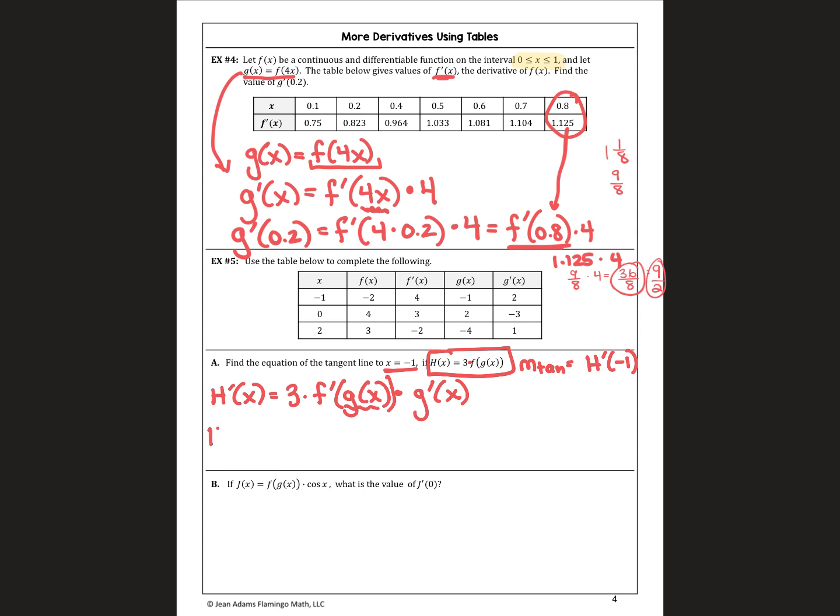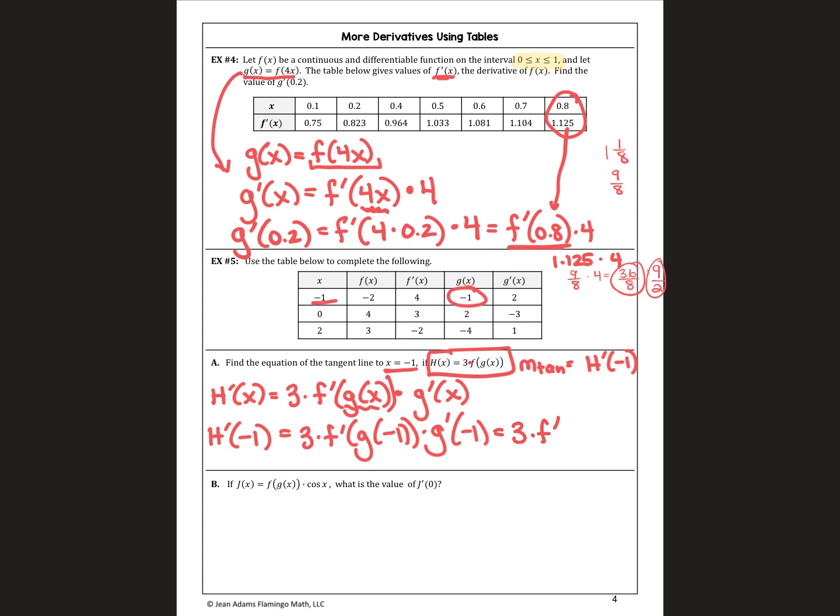So we will find h prime of -1. That's really 3 times f prime of g of -1 times g prime of -1. So if I evaluate that, I get 3 times f prime of g of -1. G of -1 is -1.